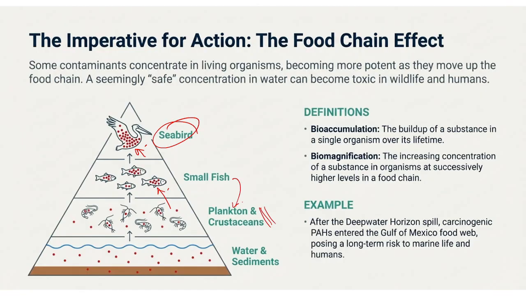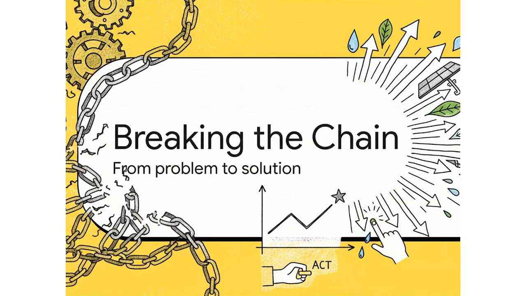So the effect of the contaminant on the organism or the mammal in the top tier of this pyramid will be a magnified effect, and hence this is called biomagnification. So first is bioaccumulation and second is biomagnification. Okay. So breaking the chain, we have this chain: source, pathway, receptor.